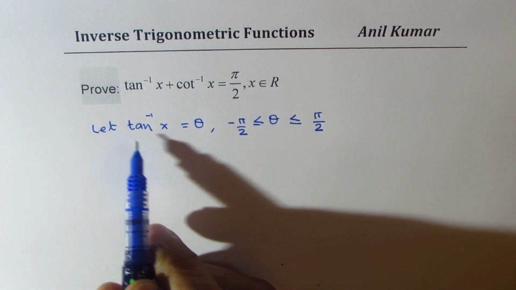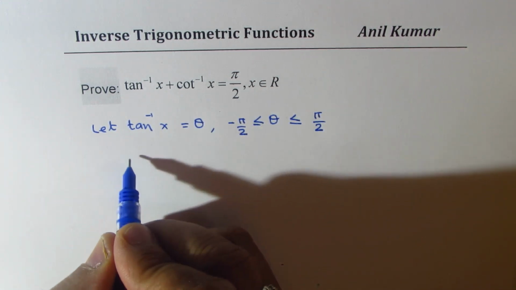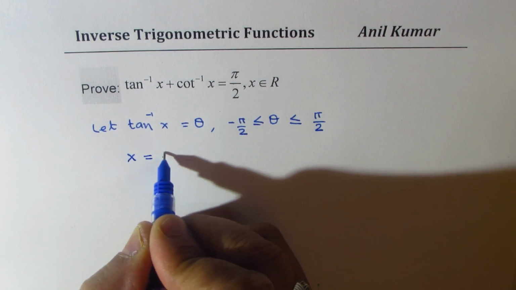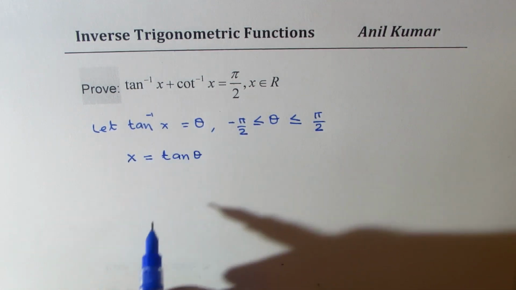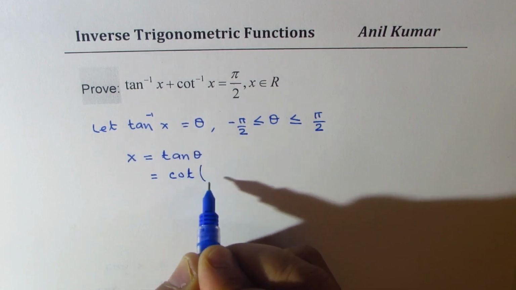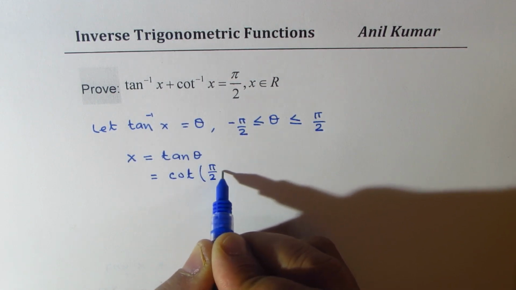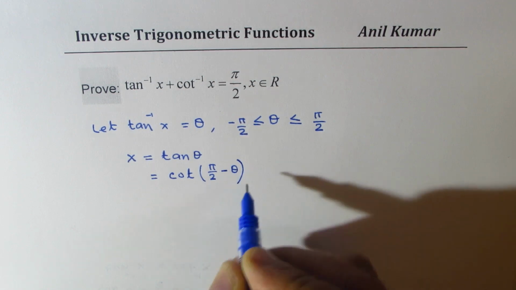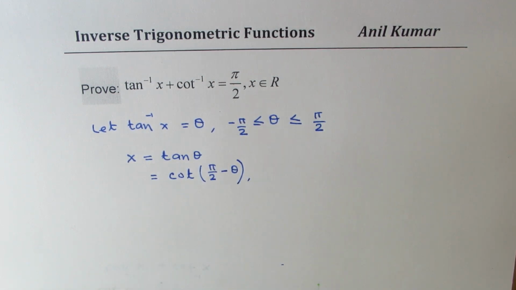Now, from here we can write x is equal to tan theta. That could be written as cot of pi/2 minus theta. Now this is the co-function identity, you know, right?